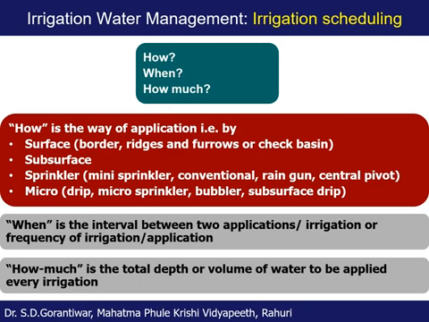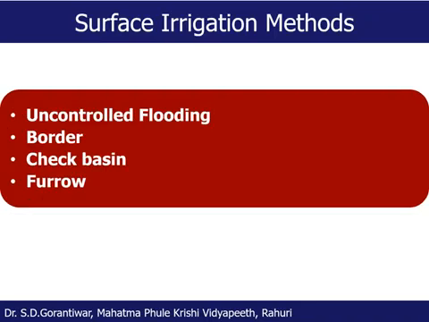So this is irrigation scheduling, and as I already told how to irrigate, there are four methods: surface, subsurface, sprinkler and micro irrigation. And of course we'll be emphasizing more on micro irrigation method, but at the same time we'll see the principle of surface irrigation method and sprinkler irrigation method in order to enable us to compare these methods to the micro irrigation methods and understand the pros and cons of the micro irrigation methods.